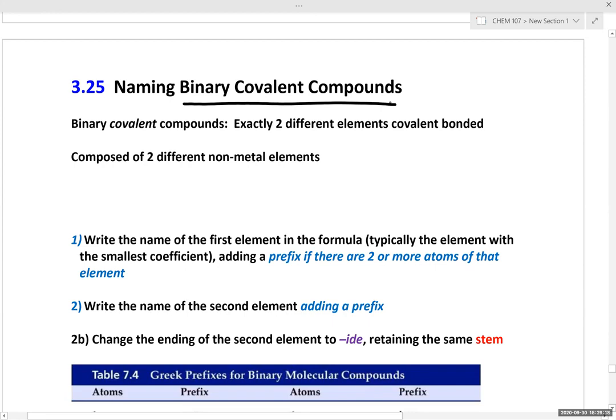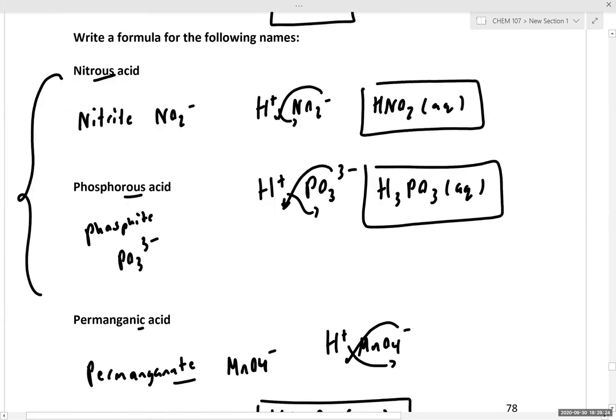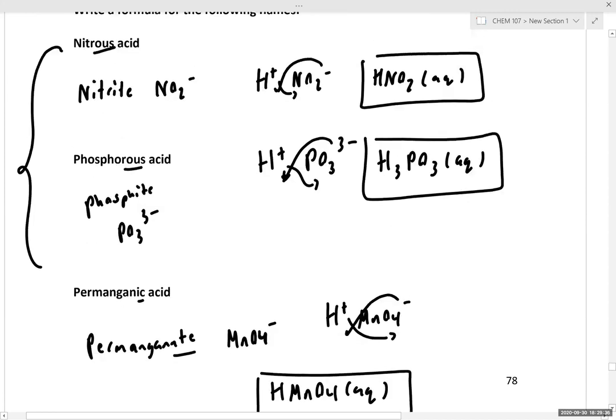Before we go further, I have a question. Why is there a 3? The permanganate is MnO4 minus only, no? Could you go up a little bit? You put H3. For phosphorus, yes.